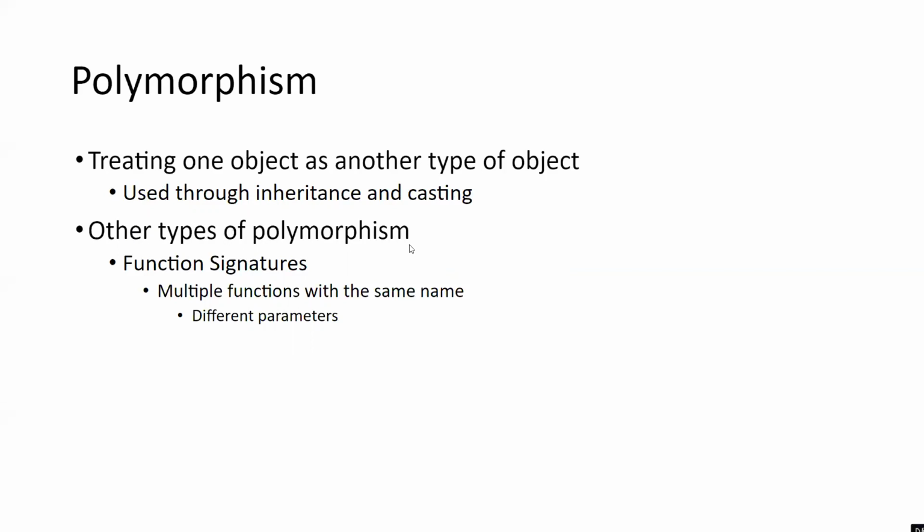There are other types of polymorphism, so like function signatures. The example I like to use here is like a print string. So in C# you have a print string function that takes in a constant char pointer as like the base version of the function, which is a common type of way to get the alphabet up in code, right? But there are overridden functions for print string that take in strings.